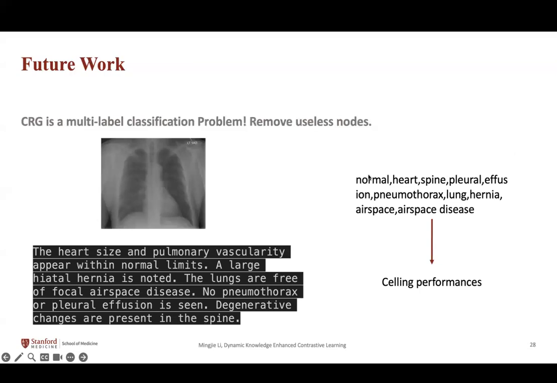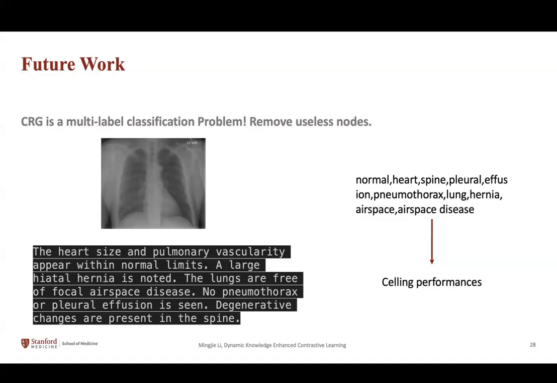So we found that given a report, why not just use the mentioned nodes, but not all the nodes in the pre-contrastive graph? If we add nodes because they are mentioned, they are useful. In the pre-contrastive graph, some nodes are not mentioned, which means they are useless. Can we just remove them?